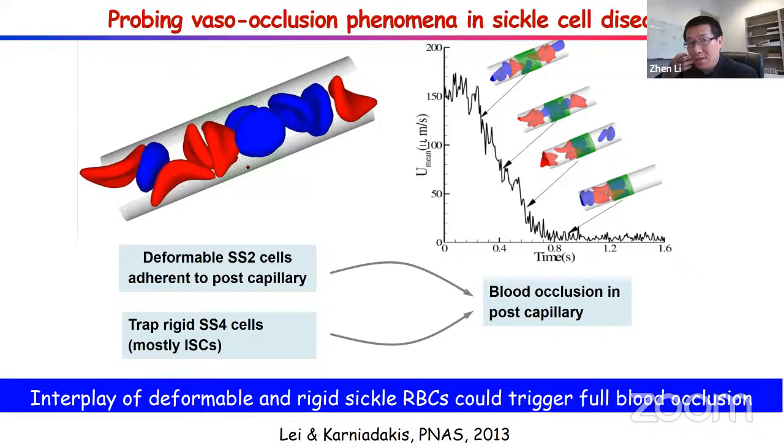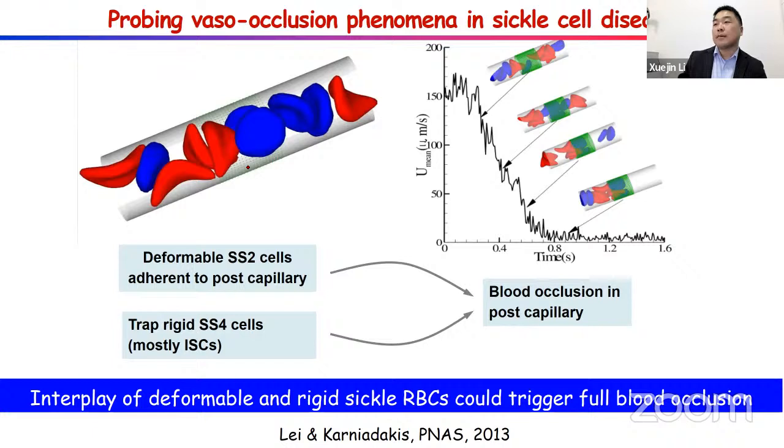Okay, so it means that the vaso-occlusion phenomenon is actually not because of the sickle cell attached to the wall. It's because the soft deformable cell attached to the wall, and then the rigid cell blocks the other region, right? Yeah, because the blood vessel diameter is larger than the sickle cell size, so it's hard for the sickle cell to block at the larger blood vessels.